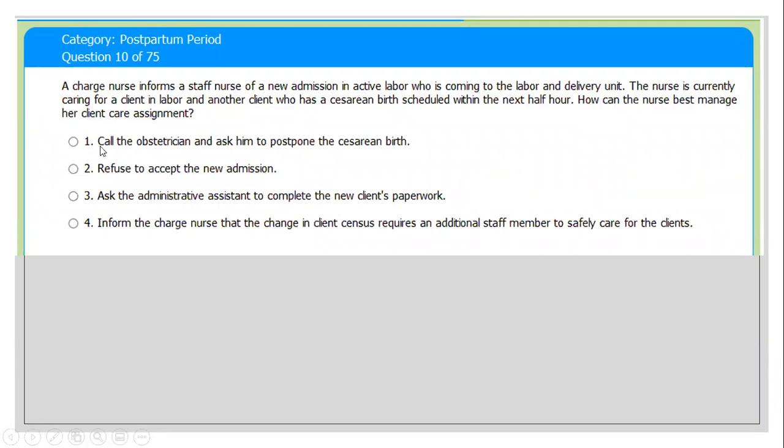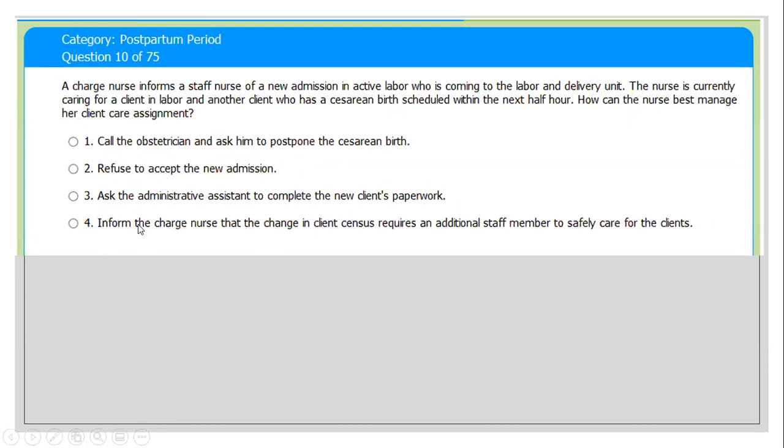Number one, call the obstetrician and ask him to postpone the cesarean birth. Number two, refuse to accept the new admission. Definitely it does not make any sense. Number three, ask the administrative assistant to complete the new client paperwork.